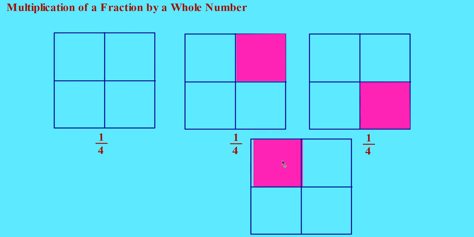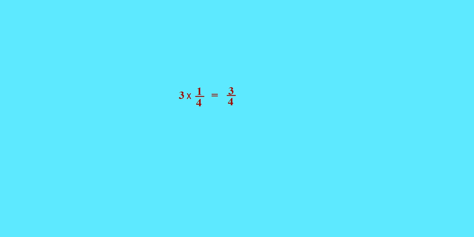Here, the first portion, the second and the third. Now you can see a total of 3 by 4th of the portion is shaded. That we can write as 3 into 1 by 4 is equal to 3 by 4.